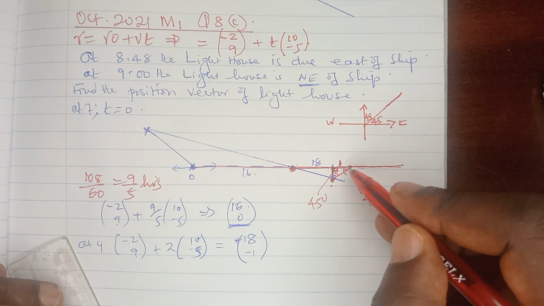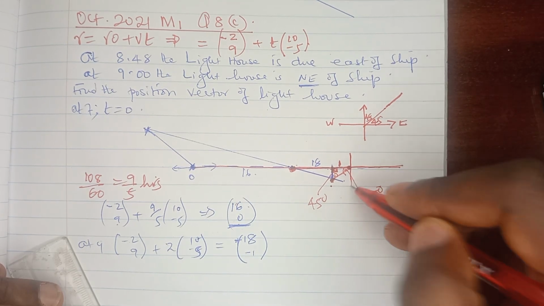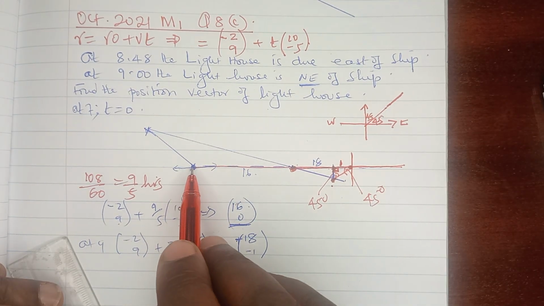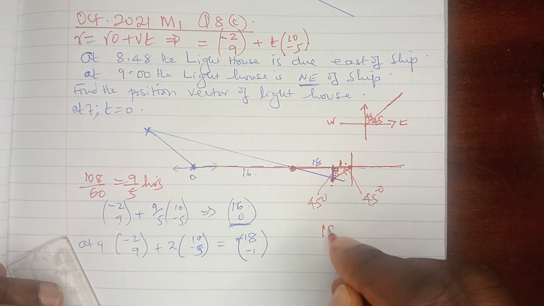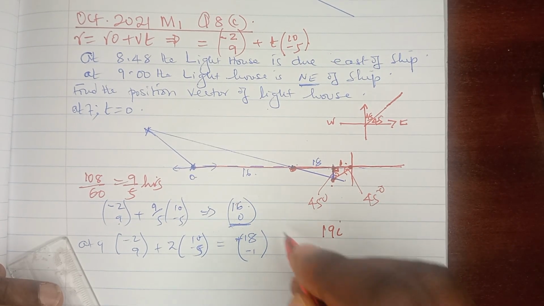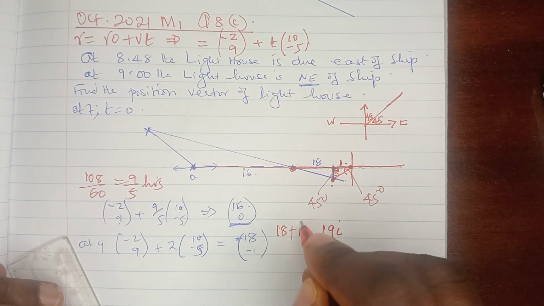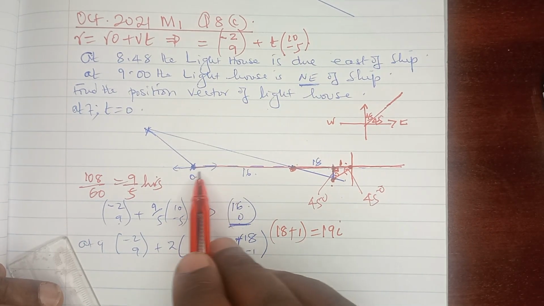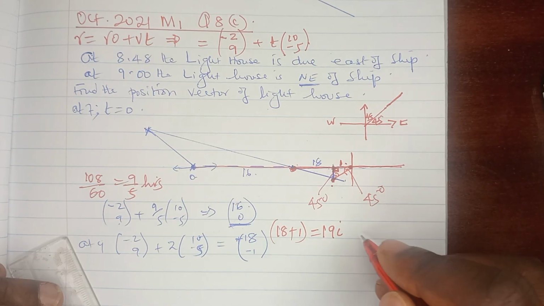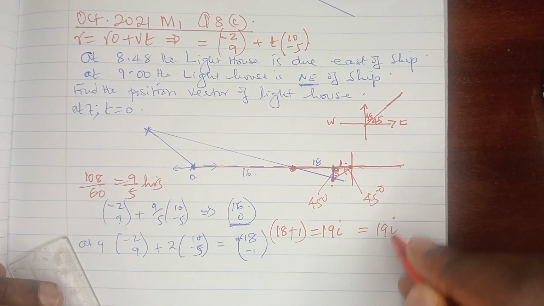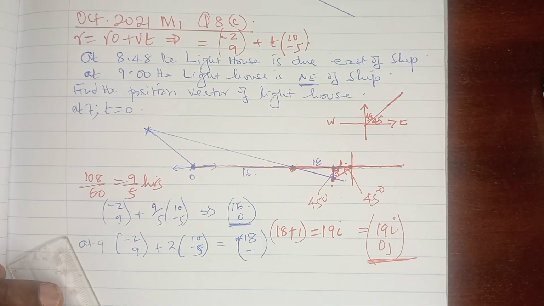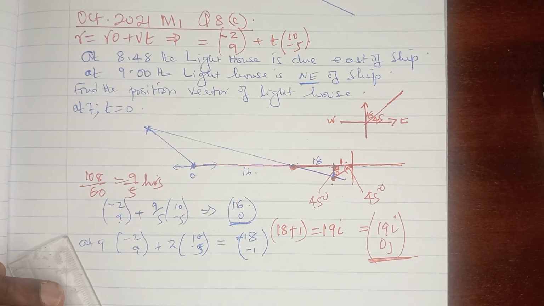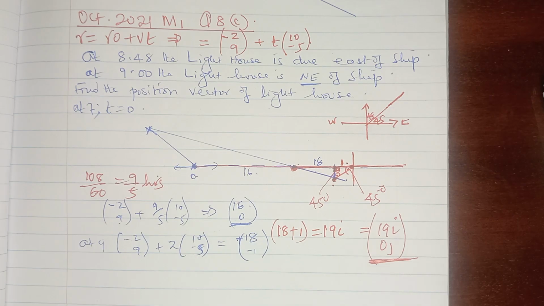So the position of the lighthouse from the origin is the ship's position plus 1, which gives 19i, or 19i plus 0j. There is no displacement along the y-axis, and that is how we solve part C of question 8. Thank you.